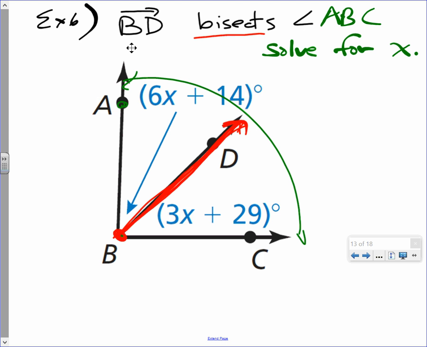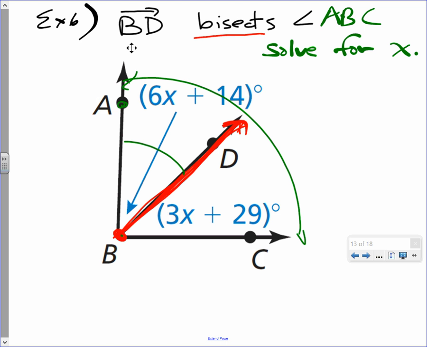It's angle bisector. Read it to me, Lopez. A ray that divides an angle into two angles that are congruent. So a ray that divides an angle into two smaller angles that are congruent. We just went over what congruent is. They're the same measure.